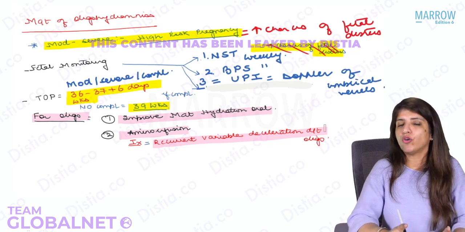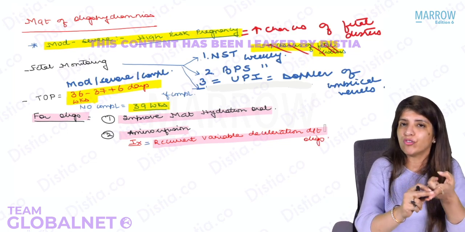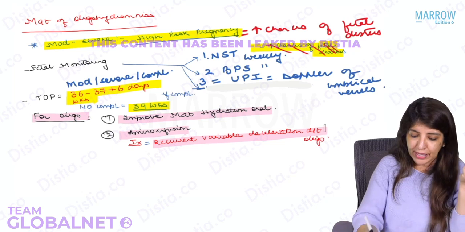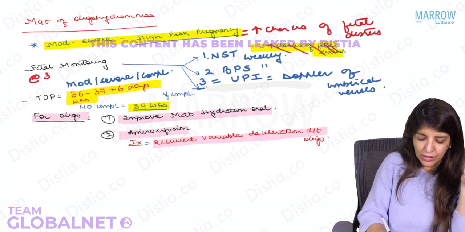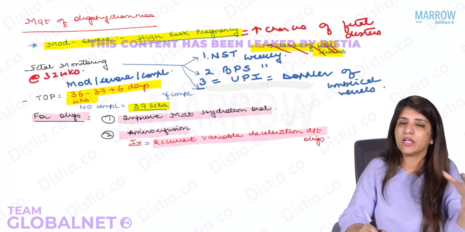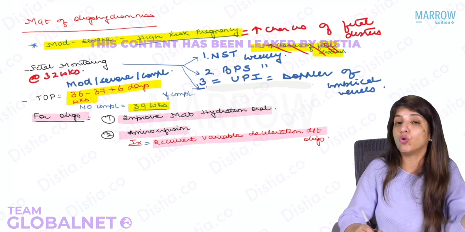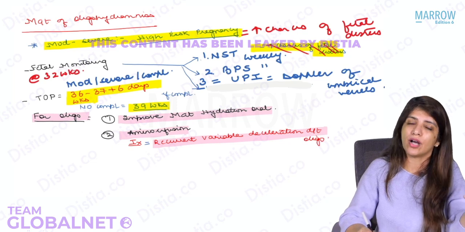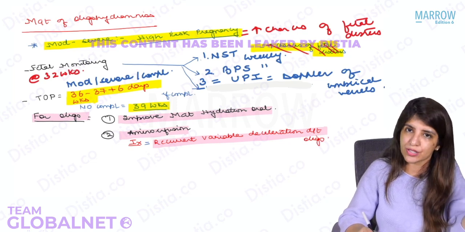So in patients of oligohydramnios, you have to go for fetal monitoring, which you are going to begin at 32 weeks. And after 32 weeks, you have to do weekly NST, weekly biophysical profile. You also have to check their Doppler umbilical artery ultrasound.